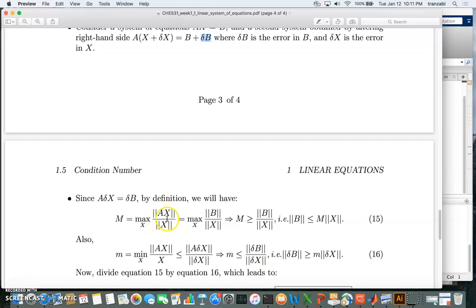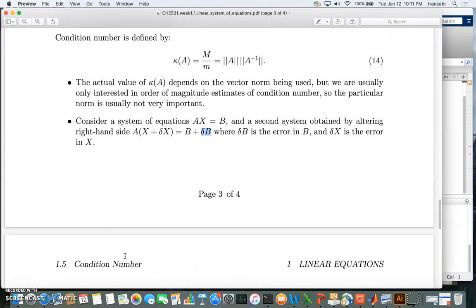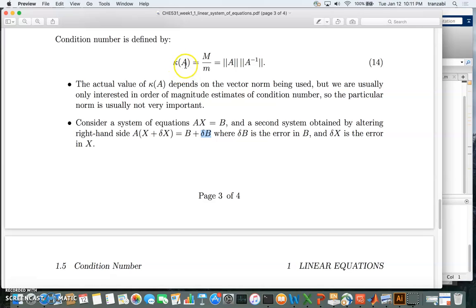So basically you look for an X that maximizes this ratio, and the maximum of that ratio is called M. Similarly, you find an X that minimizes this ratio, and it's called little m. If you divide the capital M by little m, you get a number called the condition number, or the kappa of A.